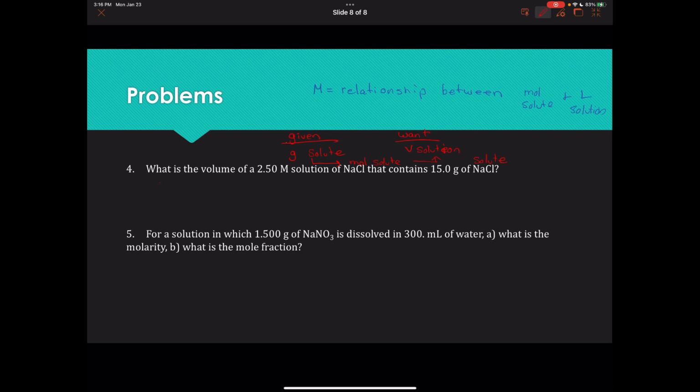We're going to take the 15 grams of sodium chloride. We're converting it to moles using sodium chloride's molar mass, which is 58.44 grams per mole. So I get 0.257 moles of sodium chloride.